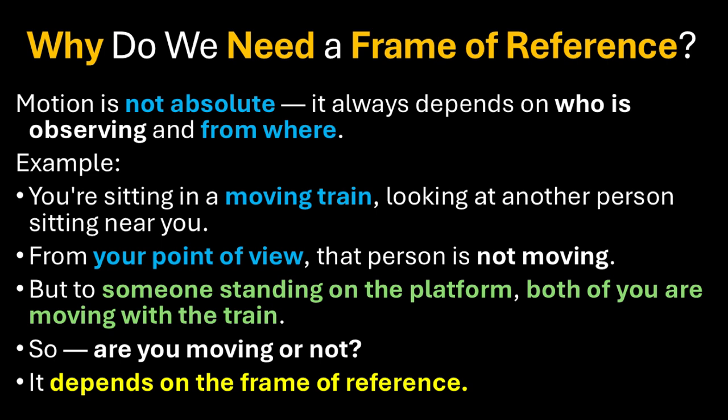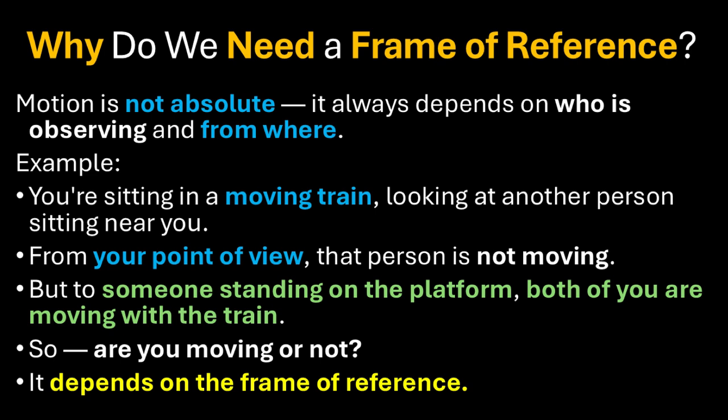Okay, you are sitting in a moving train looking at another person sitting near you. From your point of view, which means if you place a camera in your seat and observe the person sitting near you, the person is not moving because the camera will see that the person is at rest, right?